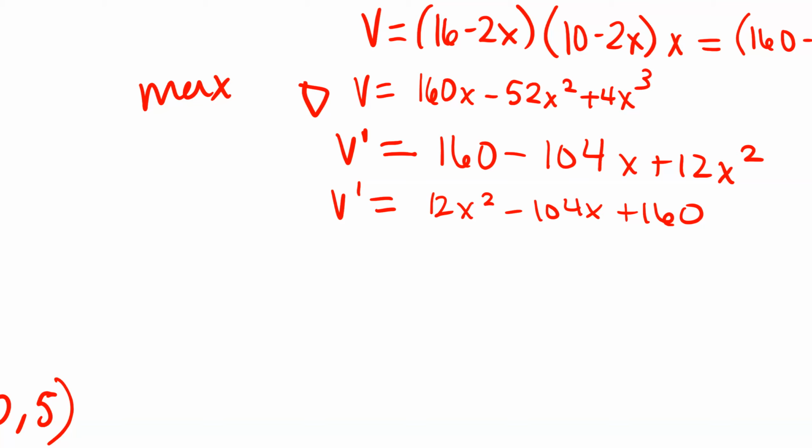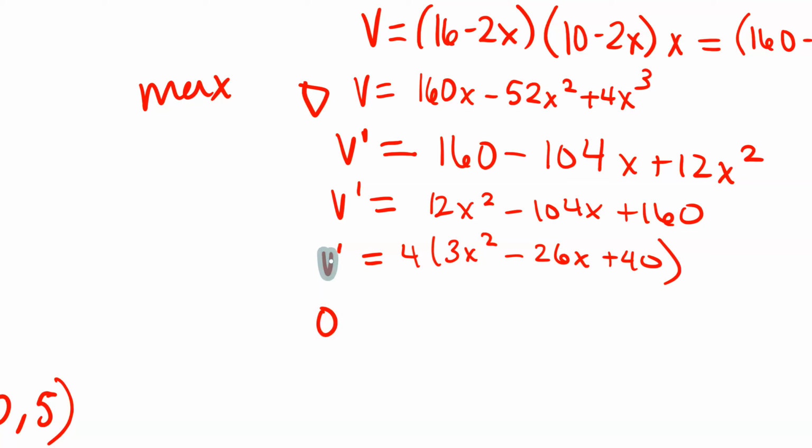The easiest thing I can do is pull something out. 104 is not divisible by 12, but take out a 4. So 3x squared minus 26x plus 40, and that's a little easier to factor.